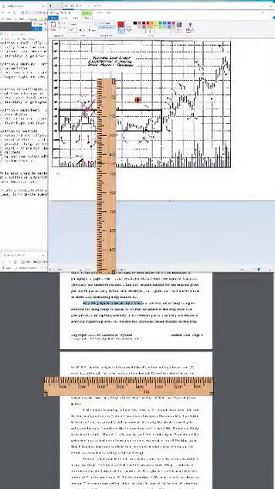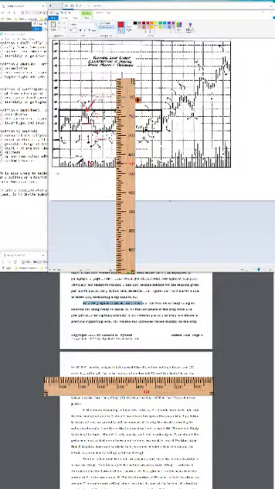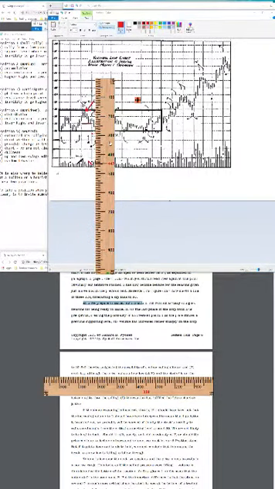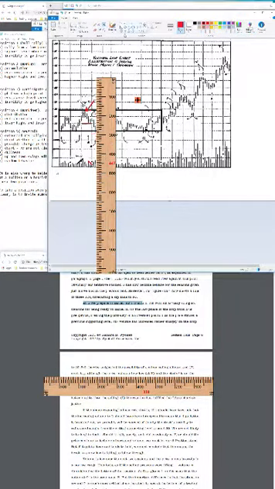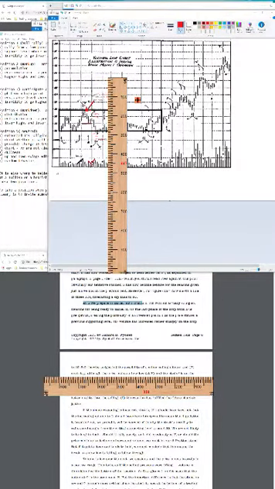Right there. So it goes to support on a climax.